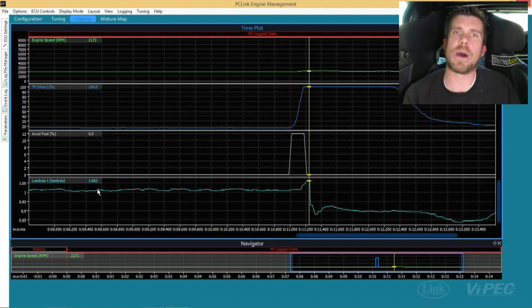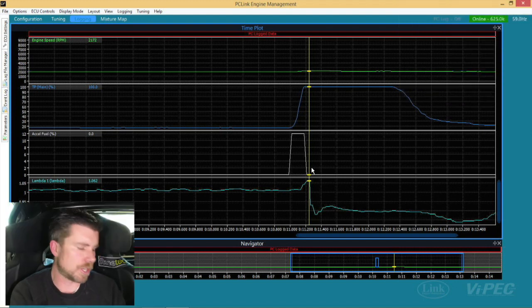Now this is what I'm talking about with looking at the lambda plot versus what the car's actually doing. The chances are that, based on the fact I've already tuned this engine, that little lean spike we've got there is actually going to be totally acceptable, and it's going to provide really good results out on the road, a nice crisp response from our engine, which is what we're trying to achieve.